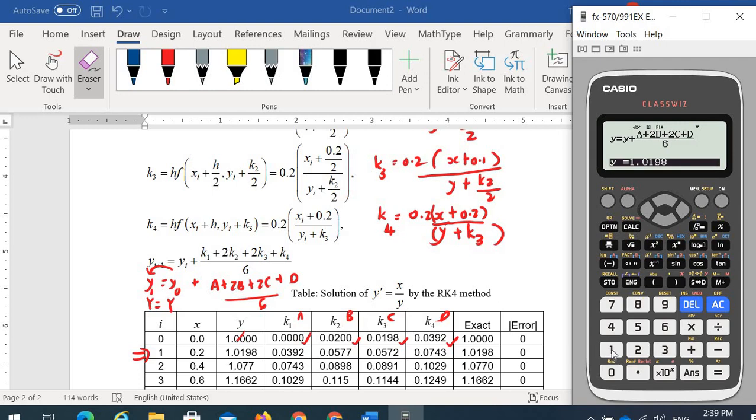So Y0 is 1, A is K1, 0, B is K2, 0.02, C is K3, 0.0198. Okay, D is K4, which is 0.0392.